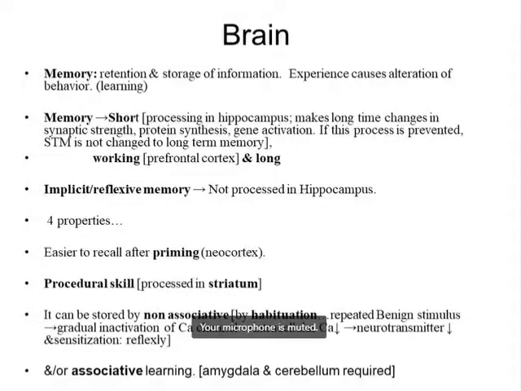Short term memory is processed in the hippocampus and makes long time changes in the synaptic strength, protein synthesis, gene activation, etc. And if this process is prevented, then short term memory, STM, is not changed into long term memory.